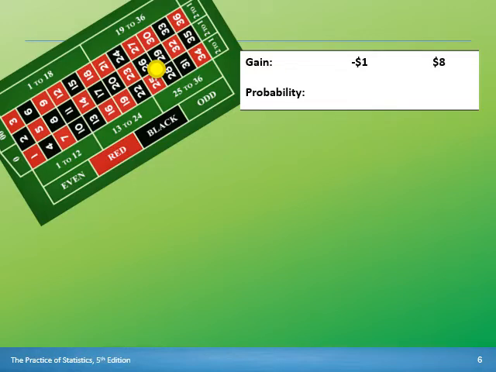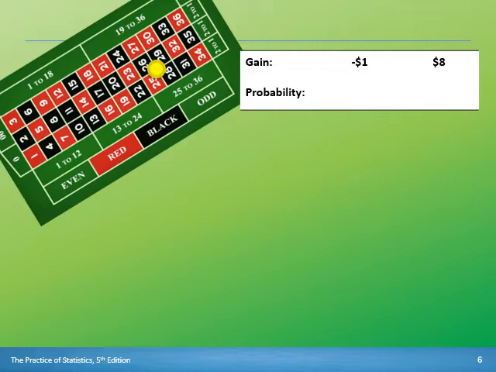So the other possibility is that one of those numbers does come up, and that means I would gain $8. Now I get my chip back, plus I get 8 more. So I'm really taking off the table $9, but it cost me $1 to do that. So really the gain is $8.